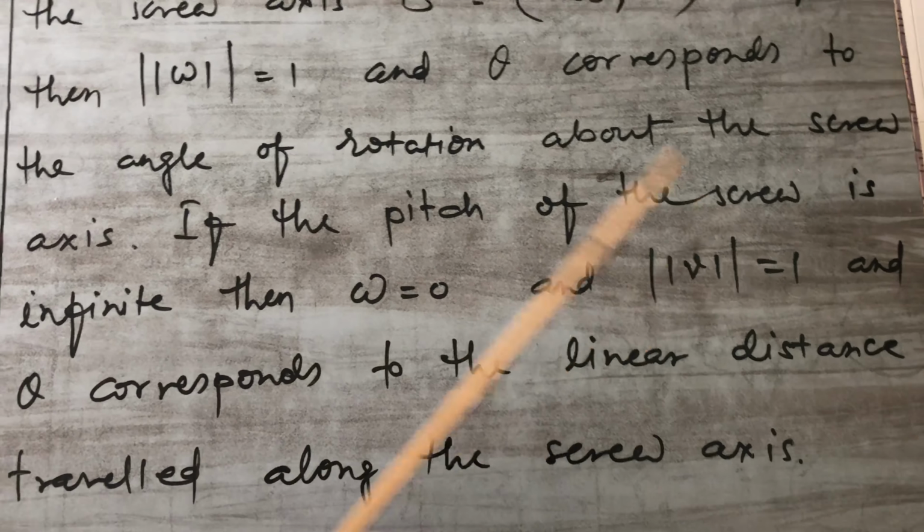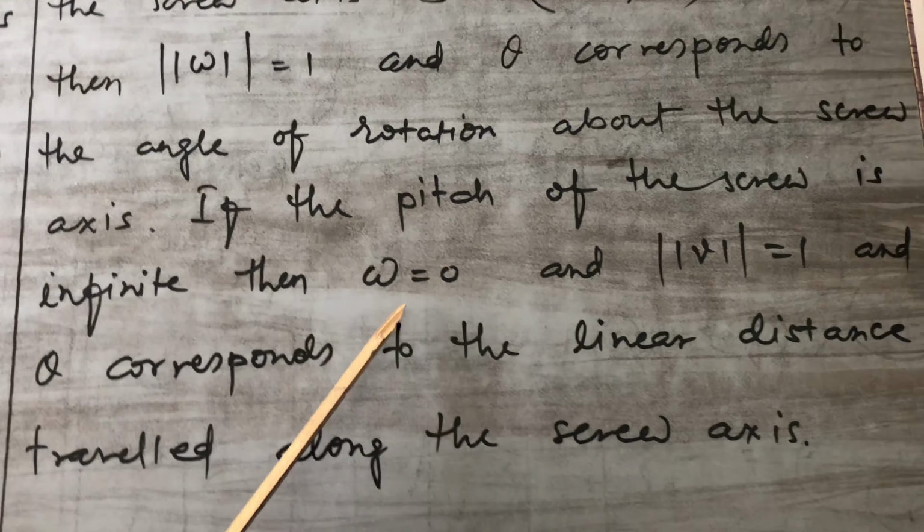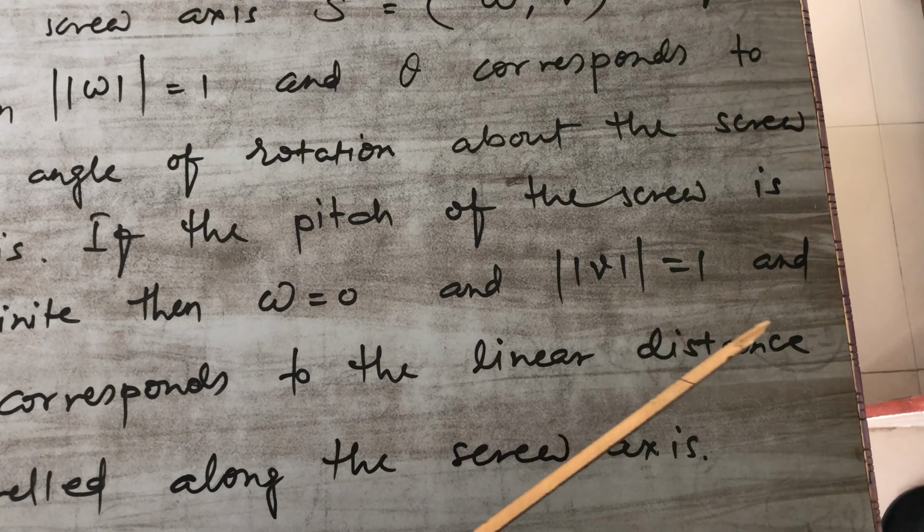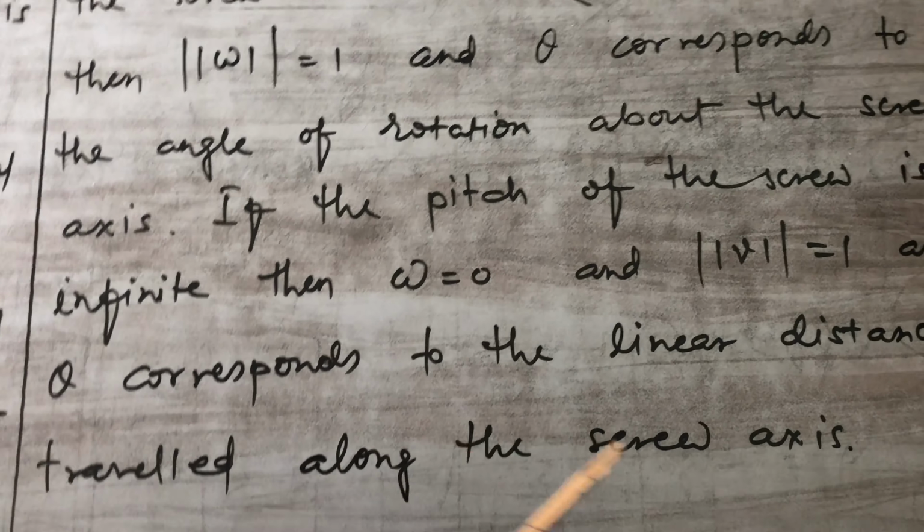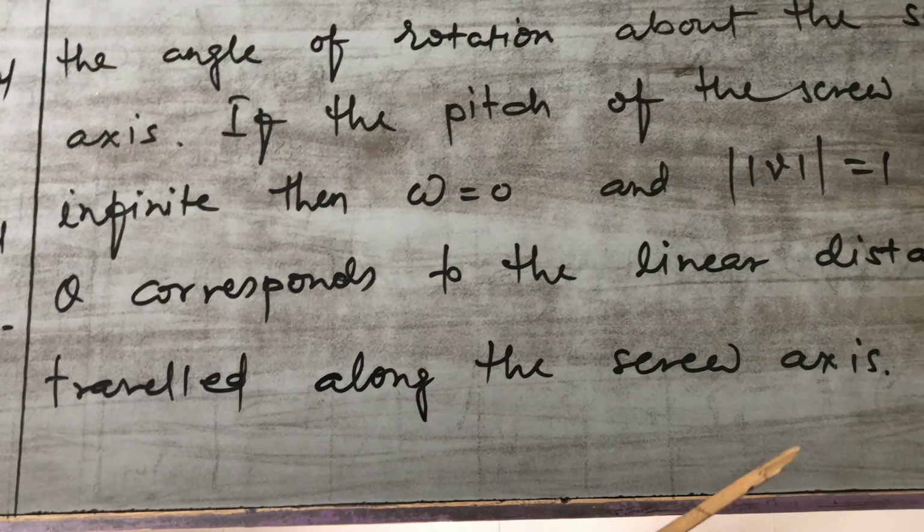If the pitch of the screw is infinite, then omega is 0 and mod of V is 1 and theta corresponds to the linear distance travelled along the screw axis.